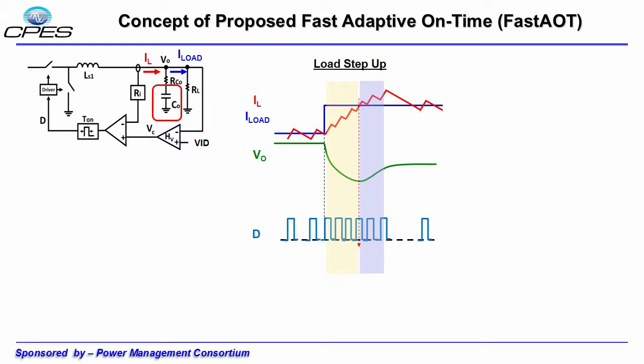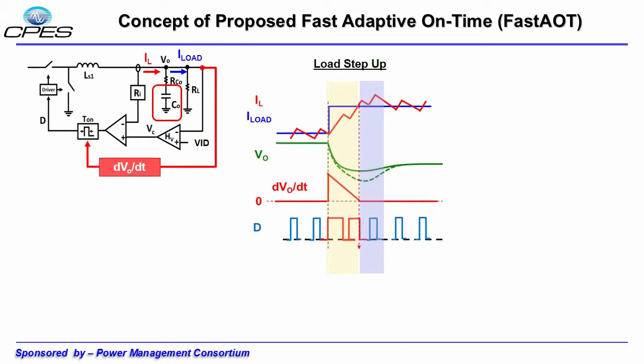Now to achieve that, we propose a method called fast adaptive on-time, fast AOT, which senses the derivative of the output and uses it to increase the on-time at the load step up transient. The benefit is very clear.